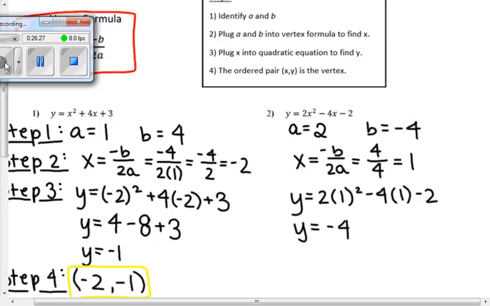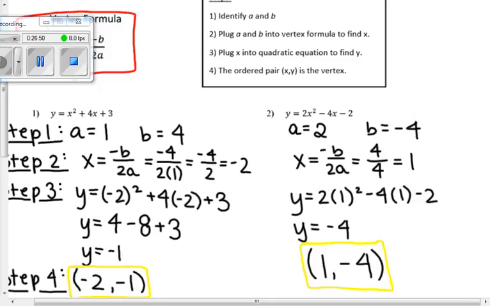So now I'm ready to come in with my final answer. I had an x value of 1, I had a y value of negative 4, and I have got my vertex. Not too bad, okay? Pretty simple, and you can see that obviously number 2 went much quicker.